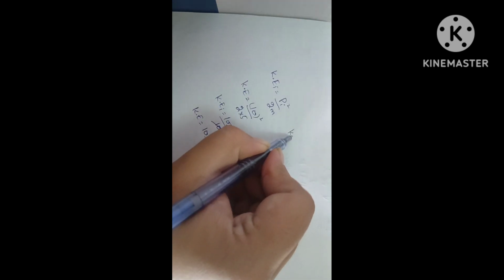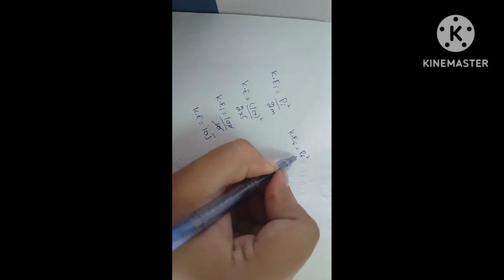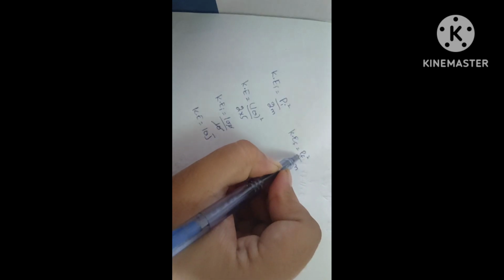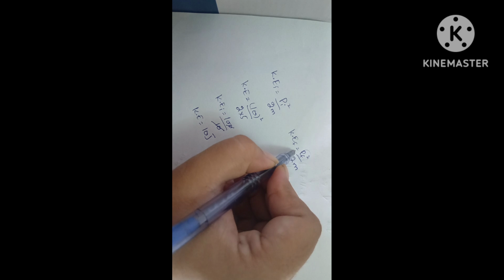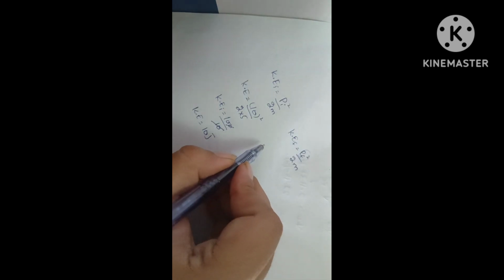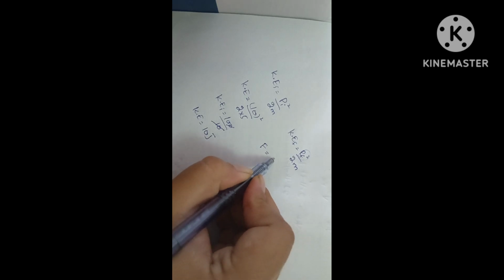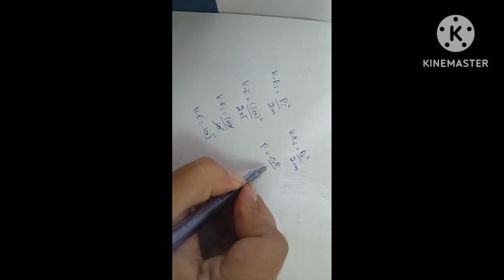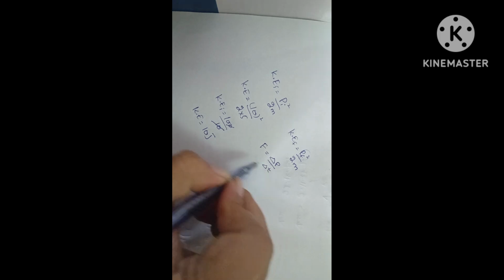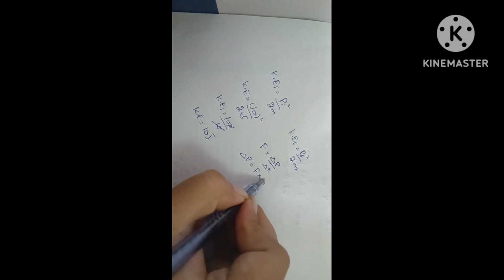Now we will find the final kinetic energy. The final kinetic energy formula is final momentum squared divided by 2m. So first of all we will find this final momentum. The formula for finding it comes from the relation that force is equal to change in momentum divided by time. So change in momentum equals force multiplied by time.